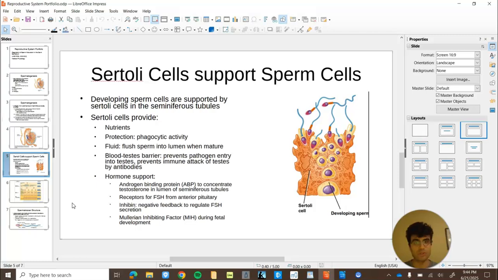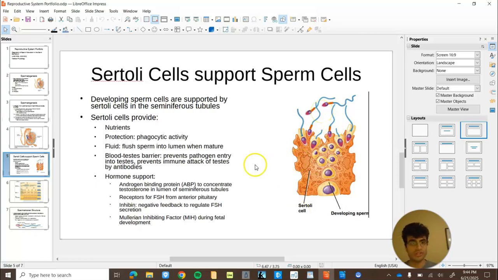Now, we also have Sertoli cells, which support the sperm cells. So as you can see in this image right here, this is the spermatogonium, this is the spermatogonia, and it's kind of going through that process that we just described, spermatogonia to the primary spermatocytes, secondary spermatocytes, spermatids, and then finally the spermatozoa.